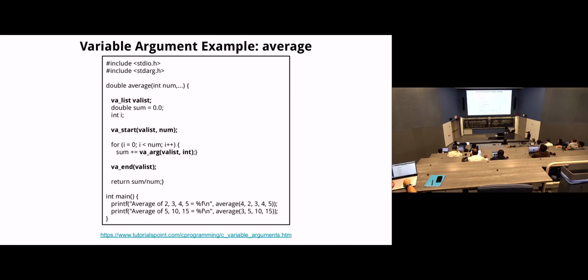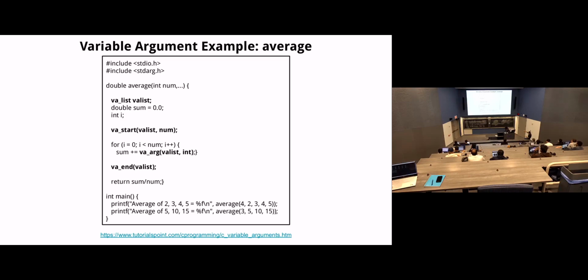Then we use va_start to tell the program, at runtime, which argument is our first argument. We use va_list here, and we tell it the first argument is number. After that, we know how many arguments there are. We have a number of arguments, so we just use va_arg to get each of them.